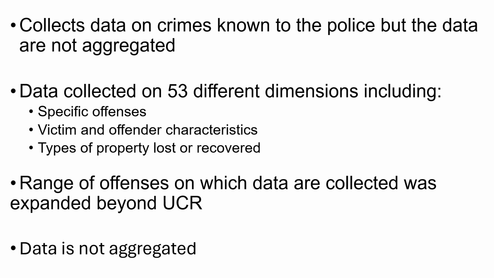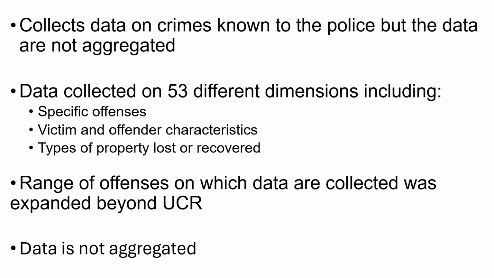Data is collected on 53 different dimensions, including specific offenses, victim and offender characteristics, and the type of property lost or recovered. Guys, this is huge. The NIBRS is the first federal data collection tool that we have that really told us some information around victim and offender characteristics.